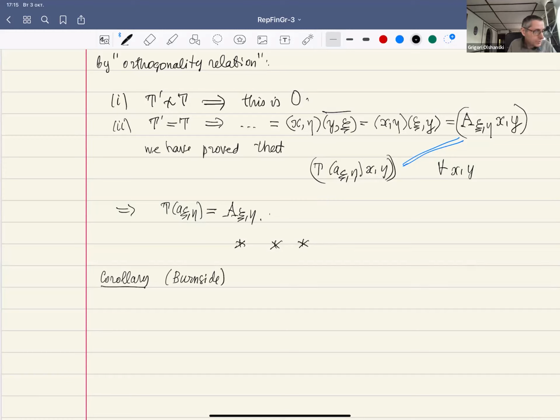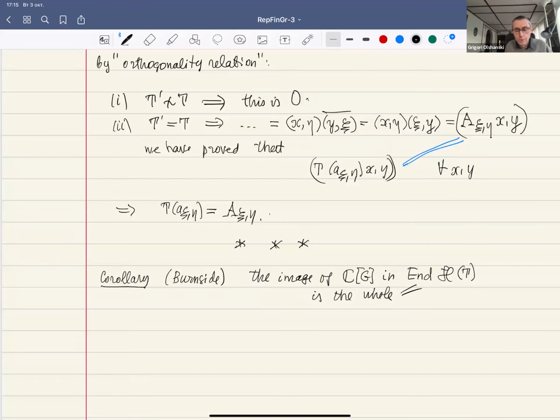Burnside theorem, which means that the image of the group algebra in the space of operators is the whole space. Some question? Sorry, I will try.